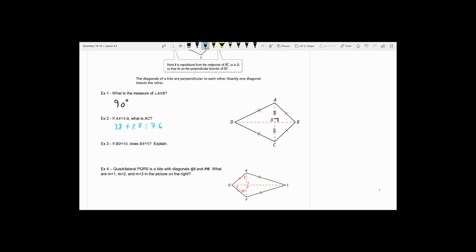But if you look closely, BX and DX are nowhere near the same size. So no, because of these being different side measures, we don't have a perpendicular bisector. In other words, AC is not a perpendicular bisector of DB.